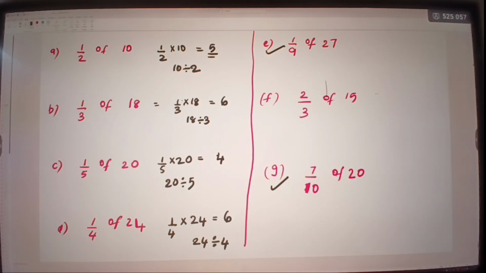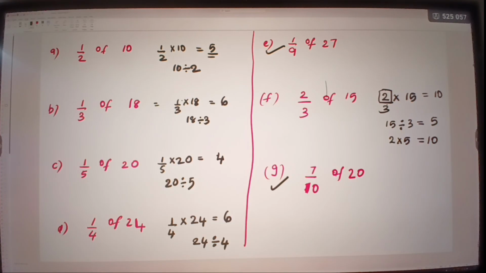2/3 of 15 means 2/3 times 15. First you divide 15 by 3, you will get 5. Then you have 2, so 2 times the answer gives you 10. So what is the answer? 10.